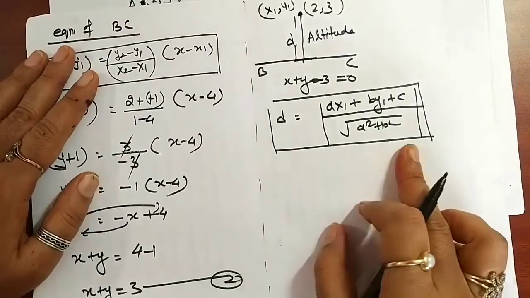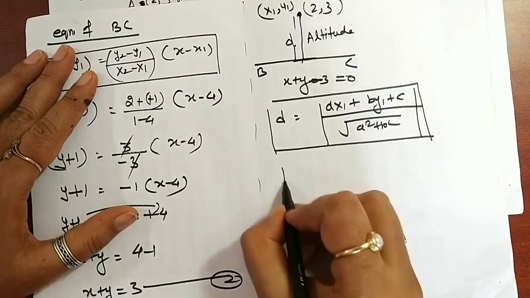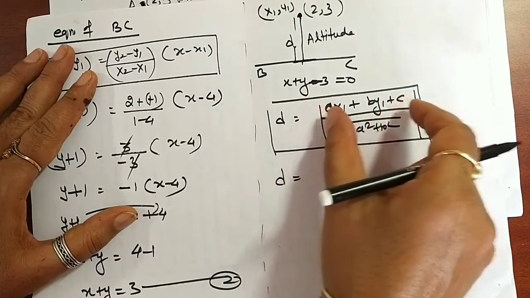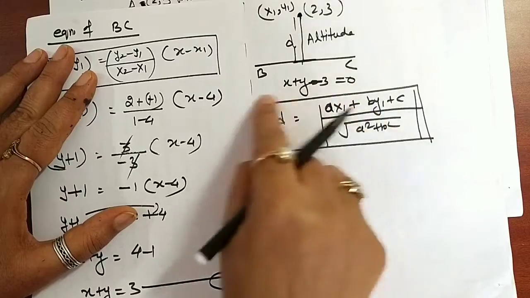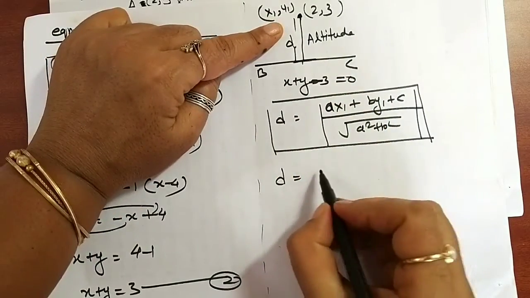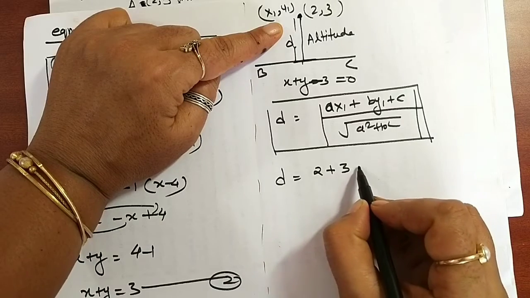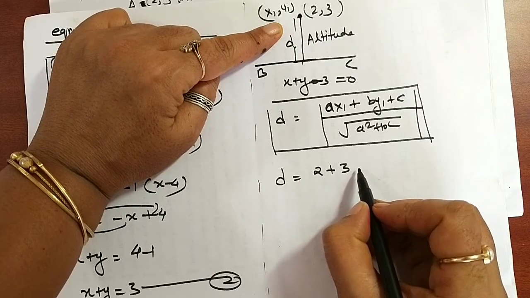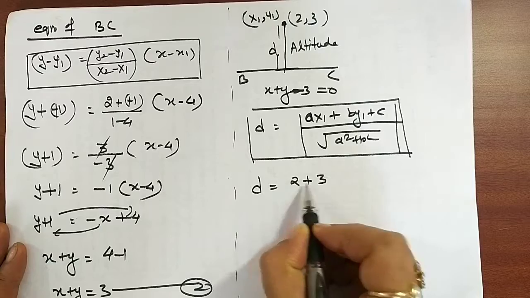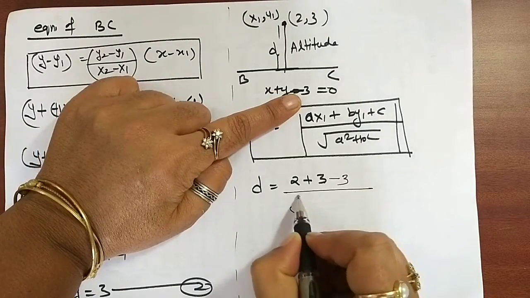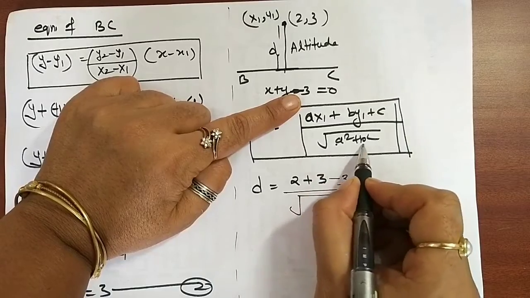So now I will put it here. So my distance will be ax1. So I am just fitting x1 y1 into this, correct? So this will be 2 plus 3, and this is minus 3, by root of a square plus b square.